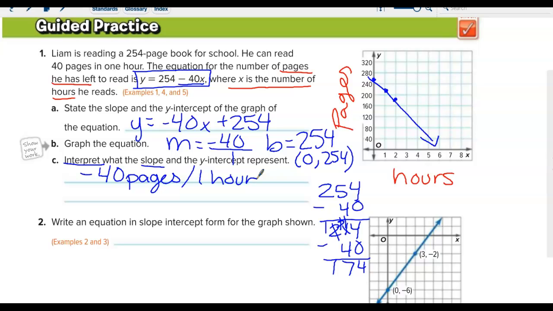Okay? And then how do you interpret the y-intercept? You're finishing them. Negative 40. You're getting rid of them, right? Okay. So then, how do I interpret that 254?